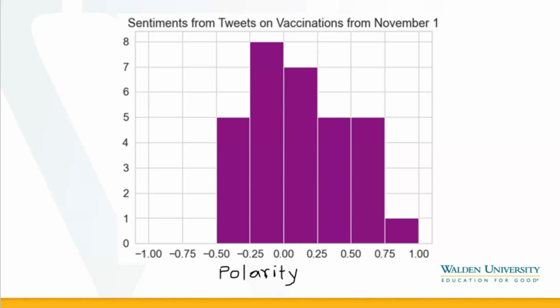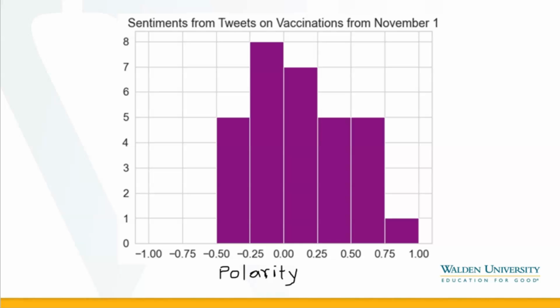At the bottom, the x-axis is the polarity, and this is between -1 and 1. 1 is more positive polarity and positive sentiment, and -1 is more negative sentiment.